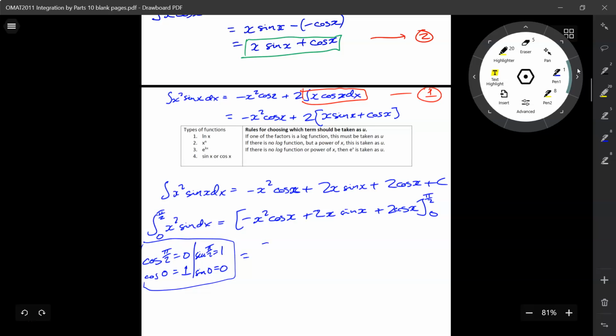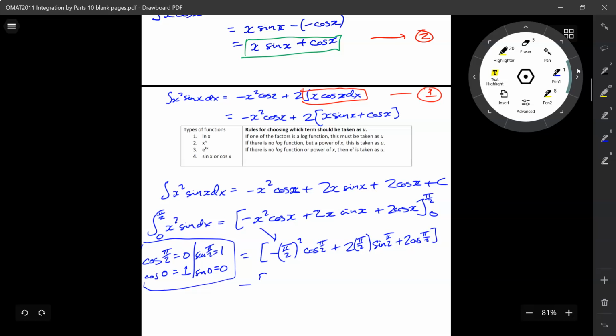So that means that is equal to minus pi over 2 to be squared. I'm putting in the upper limit now. So the upper limit is pi over 2. So it's pi over 2 to be squared, cosine pi over 2, plus 2 times pi over 2 times sine of pi over 2, plus 2 times cosine pi over 2.